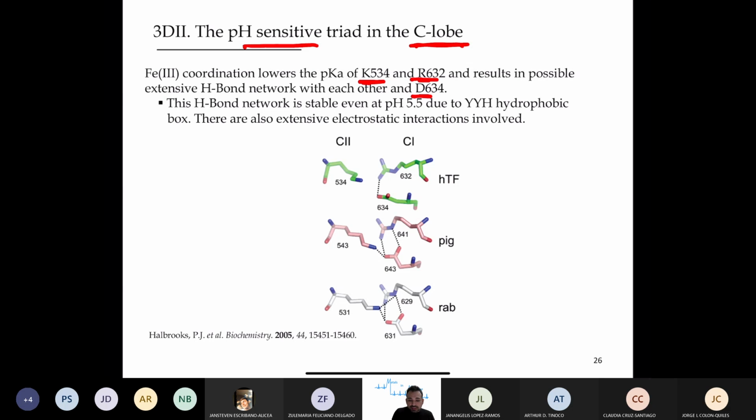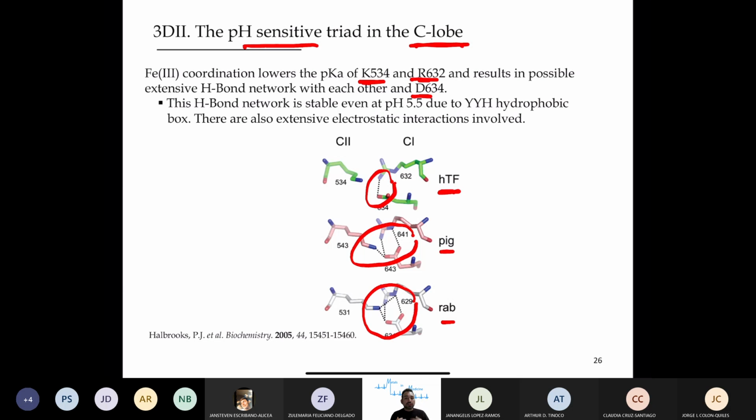And what I'm showing you here is the protein in different organisms and how we are able to see their interaction in the C site. Whereas in the human transferrin, that's HTF, we see the interaction of hydrogen bonds not as extensive as you see it in the pig version of the protein or as you see it in the rabbit form of the protein.